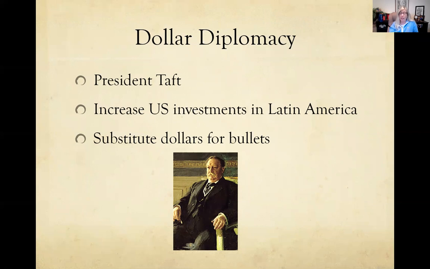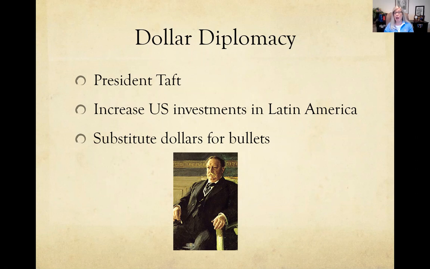And he believes that US businesses could invest in companies and locate their companies in Latin America and have Latin American employees, and that economic influence, right? If the workers of Latin America were relying on American businesses for their livelihood, then that's going to do as much good to have American power in the region as the military.